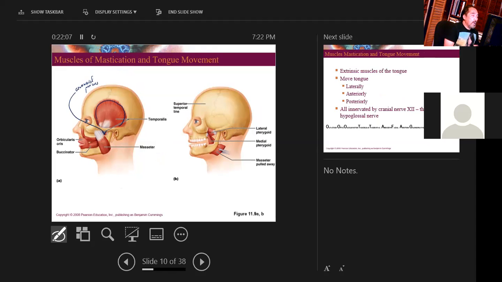The other one is coming out from this part here, which is literally part of the maxilla and part of the zygomatic. It goes down to the part of the mandible called the mandibular angle. And that's where it inserts. So if you take a look at your visuals, the muscle will move the mandible. And that's what the muscles for mastication are for, the masseter and the temporalis.